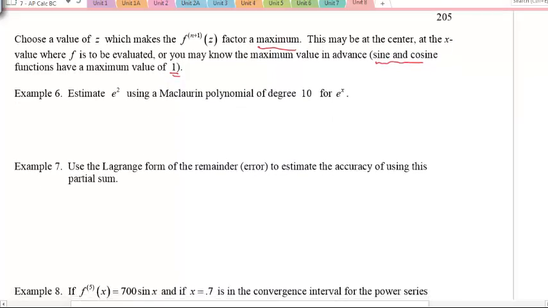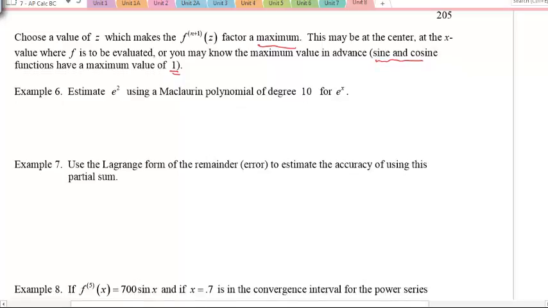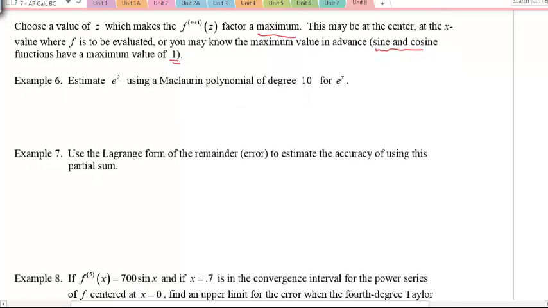If I asked you to estimate e squared using a Maclaurin polynomial of degree 10 for e to the x, this is really just a review from Unit 7. Hope you remember the e to the x function: 1 plus x plus x squared over 2 factorial plus x cubed over 3 factorial. Remember this one? By the way, I forgot my factorial signs. Oops.